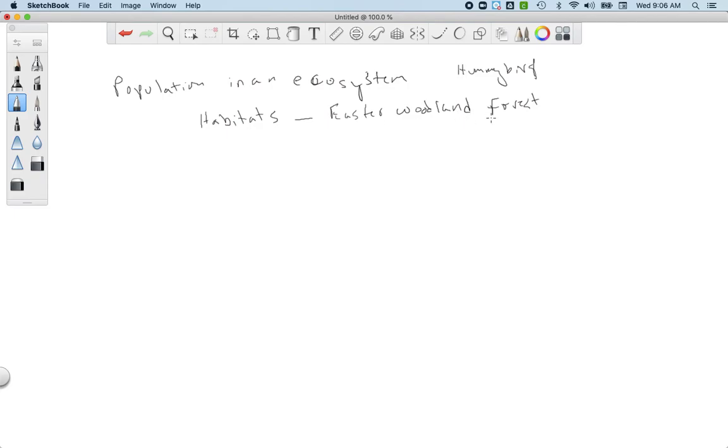They like a lot of wood, they like water, and in this case, they are found in the eastern part of the Americas. So we don't find them in the west. We don't find ruby-throated hummingbirds on the west coast. And actually, I don't think we find hummingbirds in any other continent than North America. But the ruby-throated hummingbird is found in eastern woodland forests of North America. So that's the habitat. That's where they live.